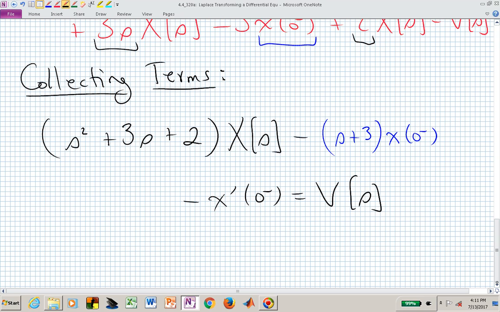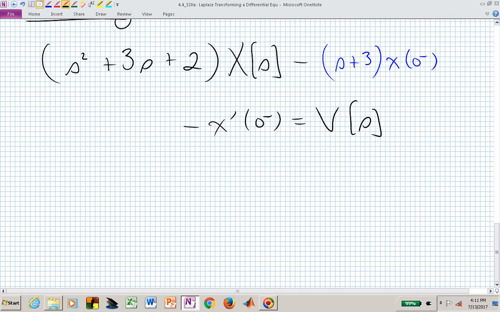And we can do that by dividing through all terms by this factor or polynomial that's scaling capital X of s.